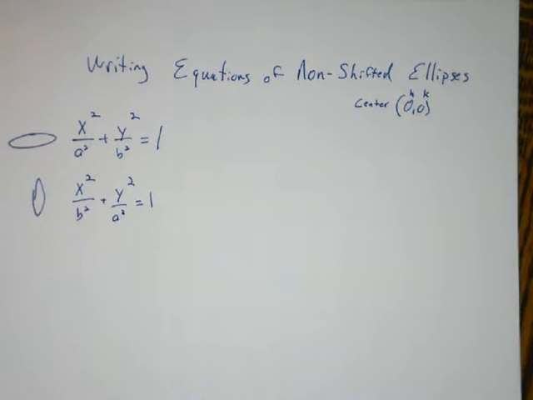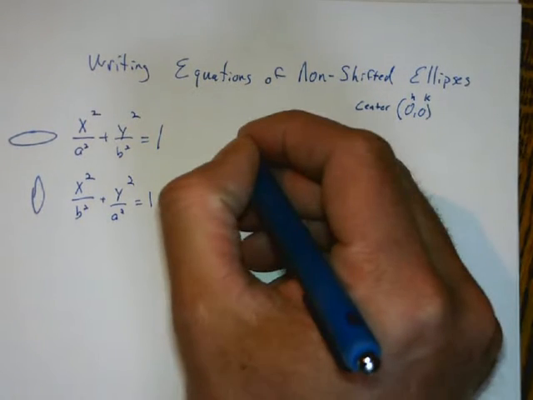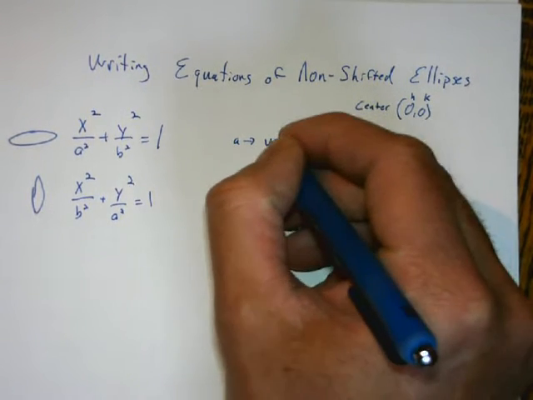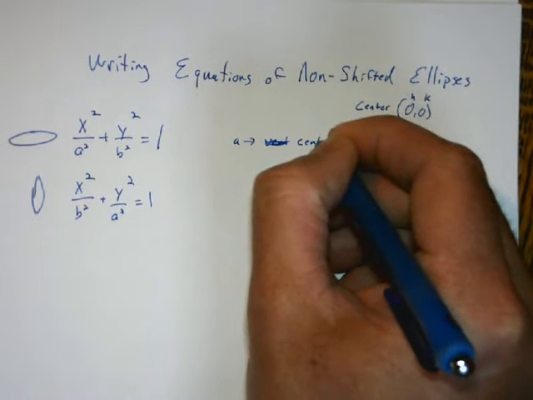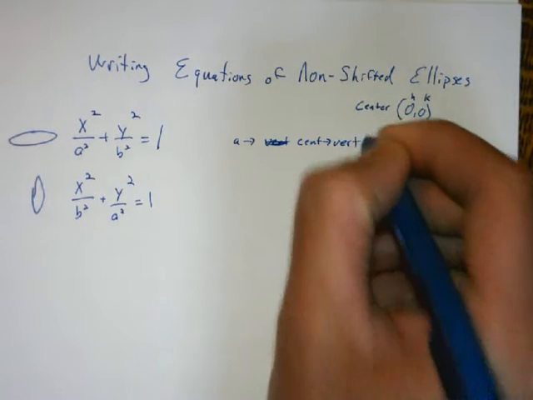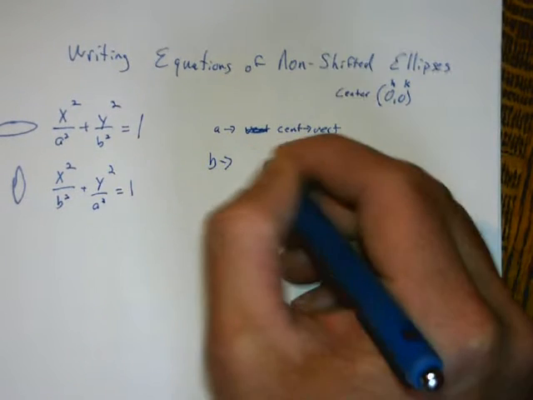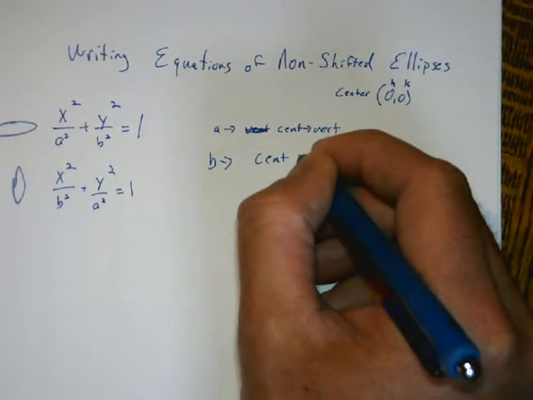Also, you had A. A was the distance from the center to the vertex. Your B value was the distance from the center to the what we call the covertex.